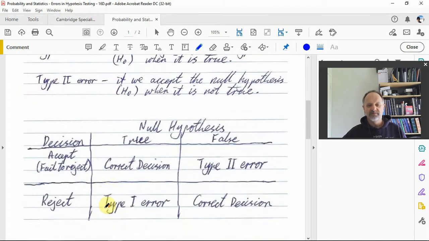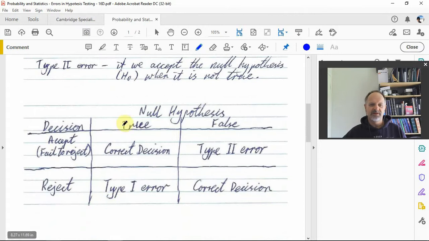So we can come up with this kind of table. Now, this word decision should be along the side here. So what's your decision that you're making? You accept or you reject the hypothesis.